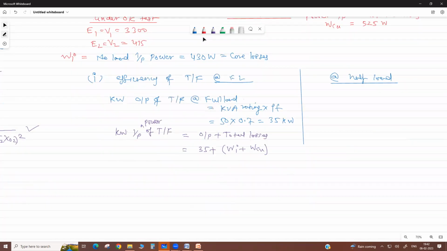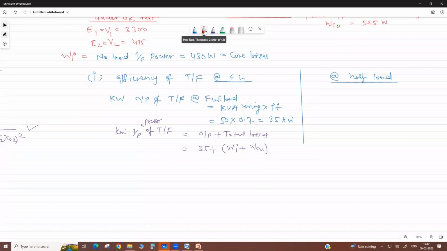There are only two types of losses in a transformer. Now in kilowatt, the core loss, iron loss, is only 0.43, and copper loss is 0.525.